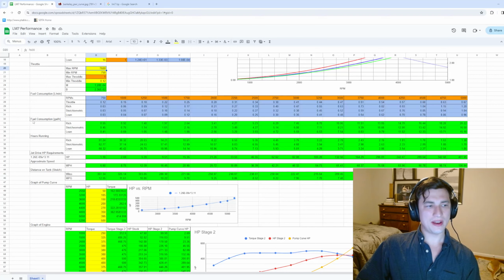So this next group is that exact same graph, but in gallons per hour, which tells me that at 3,000 RPMs, we'll consume about 6 gallons per hour at stoichiometry, which is reasonable. This is kind of a sanity check. That's kind of what you would expect at 3,000 RPMs in gallons per hour.